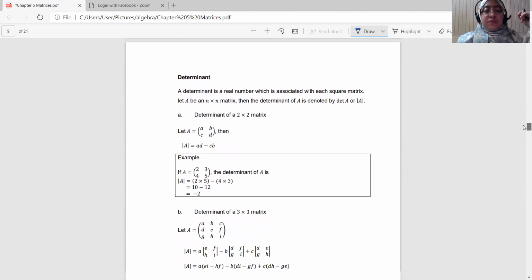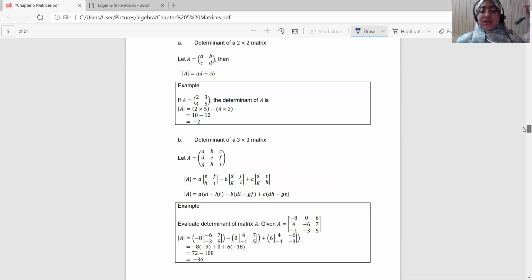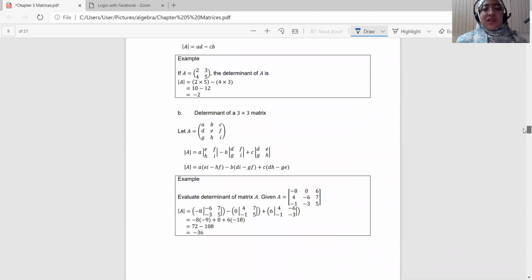When the matrix is 3 by 3, it is the same, it's still AD minus BC, but it uses deleting a row and column for each element of the first row.